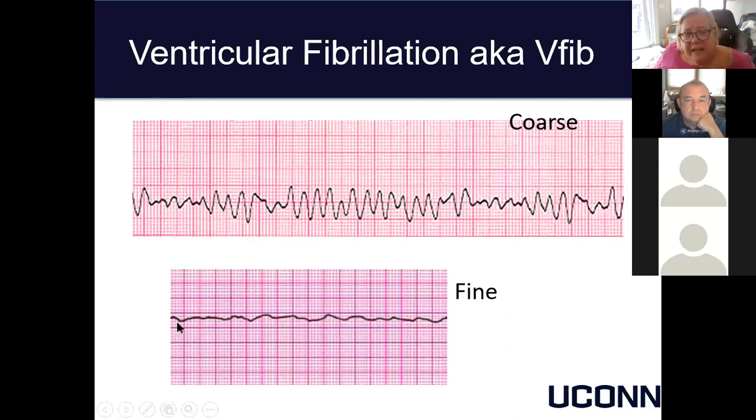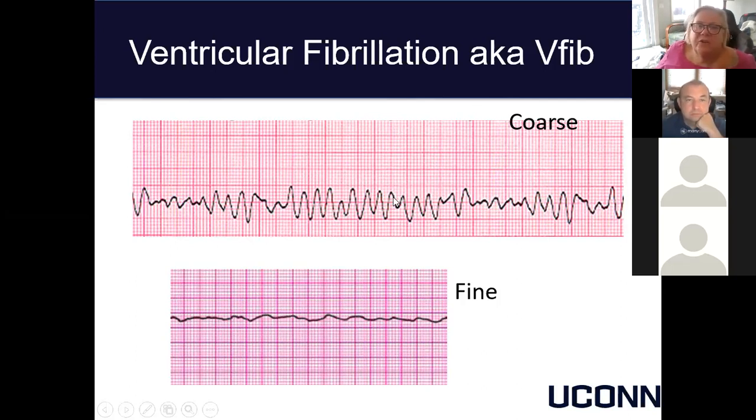There is fine VFib, where it's just the most subtle of movements on the tracing, and coarse VFib. This is somewhat exaggerated, but you can see it's not regular. You might be deluded into thinking that it's VTach if you saw something like this, but it's so irregular, so inconsistent.